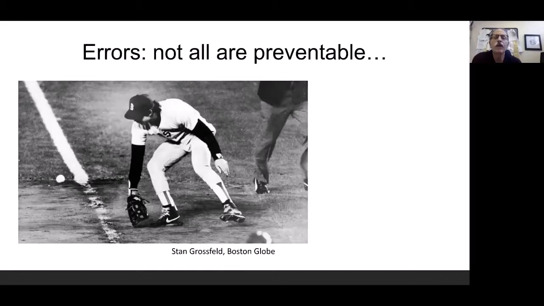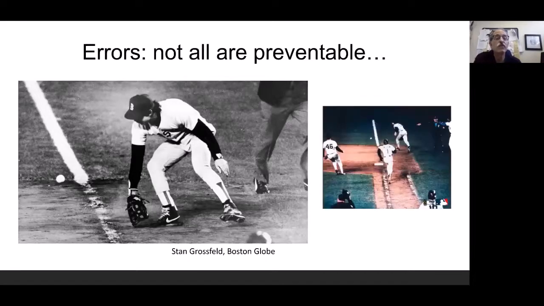I don't know how many of you are baseball fans, but this is probably the picture of the most famous error in baseball history. This is Bill Buckner in the 1986 World Series playing for the Red Sox. And here is a picture of that ball going through his legs into the outfield. And the Red Sox lost the game to the Mets, the hated Mets, if you're from Philadelphia like I am.